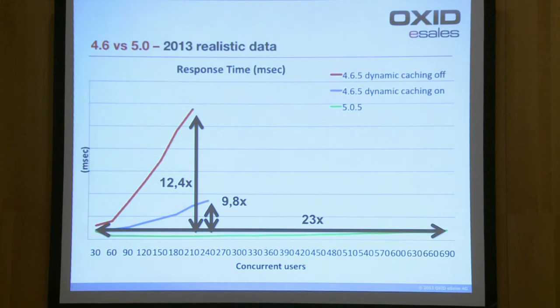I've put this in there, but actually the best time of the 4.6.5 with dynamic caching is higher than the worst time of the 5.0.5. So I cannot really compare it directly. But still, if we pretend more or less, it ends up the same. It was up to 23 times more concurrent users.